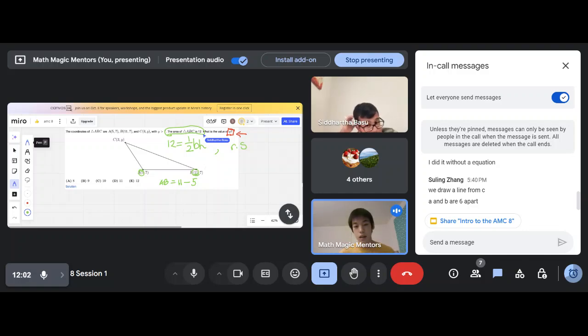They are basically on the same horizontal level. So the length of AB is 6, and this will be our base. So let's write the base as b.